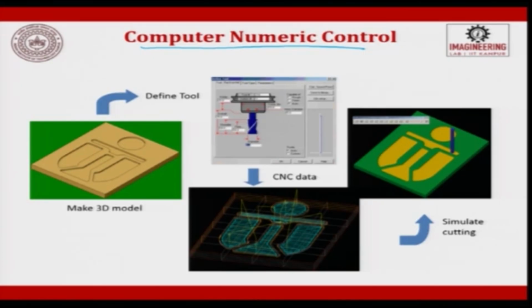The cutter path is done, and then finally after the simulation you generate this part. Now you can compare your model making with the continuous. Why I am saying this is very important as far as continuous motion is concerned, continuous machining.